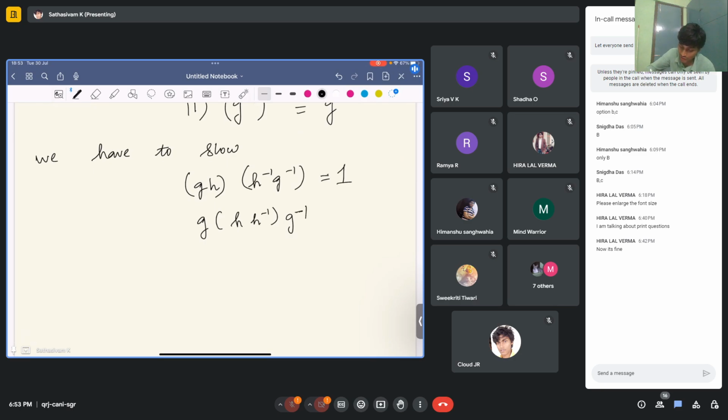Maybe you have to change the brackets little by little. Then, if you do that, first these two will go out. So you will get G inverse, and that also will cancel out. So you will get 1.